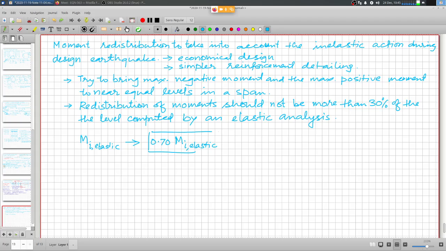This is the minimum moment capacity at a section after redistribution.